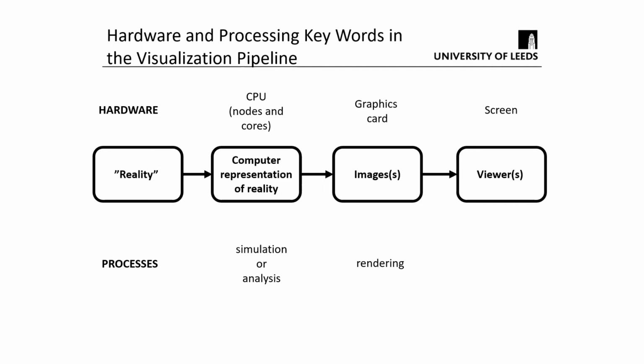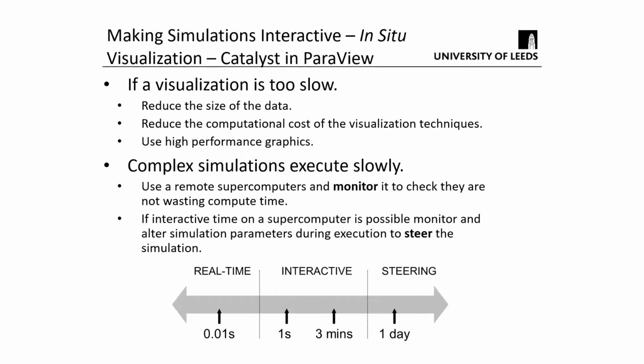So they're created on the graphics card, and then the graphics card sends it out to the screen or whatever your display device is. And the processes that are involved here, so the numerical methods relate to simulations or analysis, which are key terms that you need to look for. And rendering is an important term to understand, that that's how you turn your data set into an image. So that's a very key term to know for looking up terms. And in ParaView, they have something called the render view, which is where you see the rendered actions.